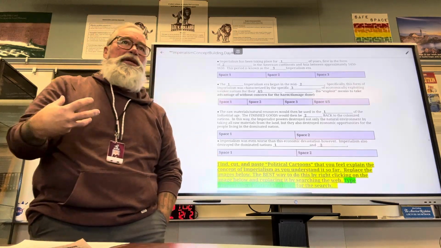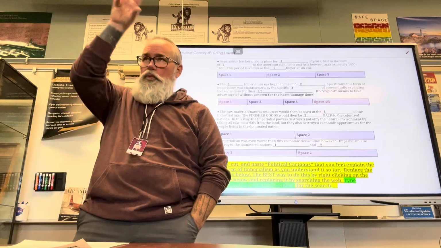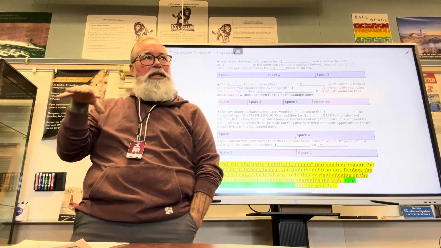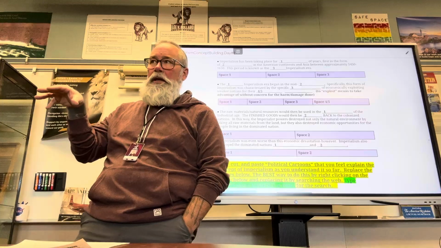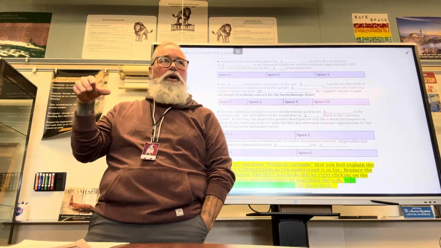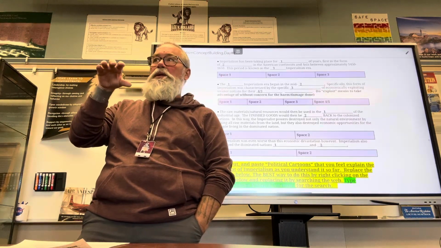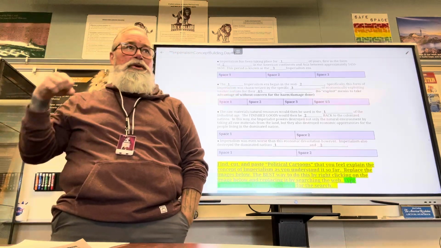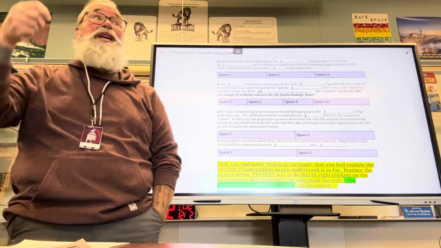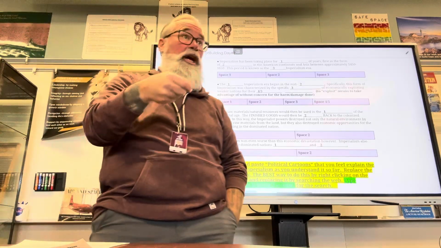So new imperialism, when these European countries would go into these countries in Asia and Africa, they wouldn't take over completely. They wouldn't take over politically. They wouldn't take ownership of the land. They would just strip the natural resources out of the land. That's why they still speak native languages in the African continent.